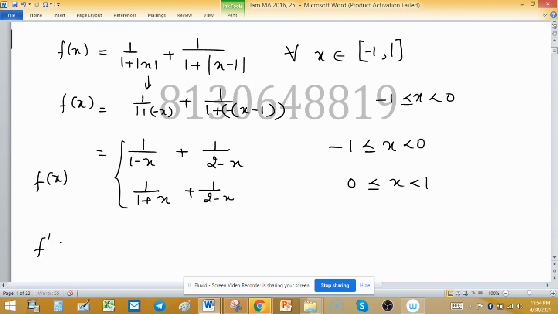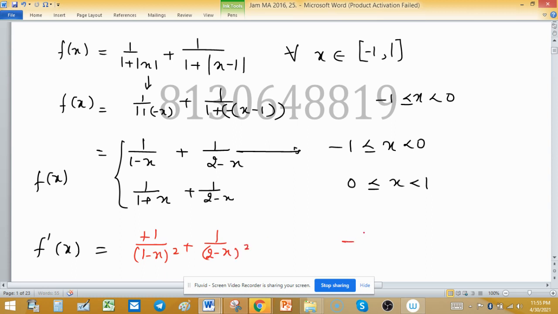Now f'(x), the derivative of this, will be minus of the derivative of (1-x), and again positive, so 1/(1-x)^2 + 1/(2-x)^2.